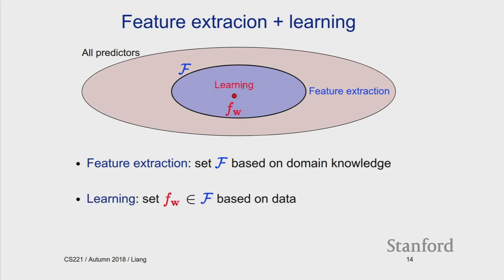And then the second part is learning, which is when you're doing learning, you're effectively selecting a predictor from this fixed set of functions, right? You're not able to select things out here because you've already committed to phi of x. Okay, so we've decoupled the problem into feature extraction based on domain knowledge and learning based on data.